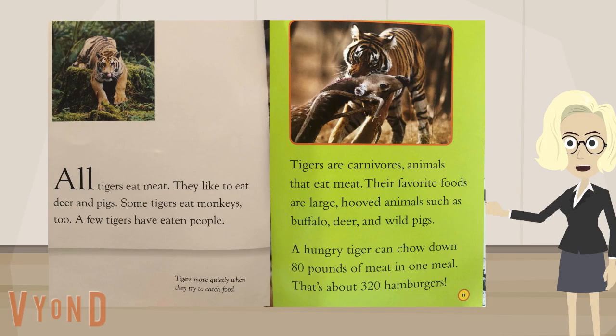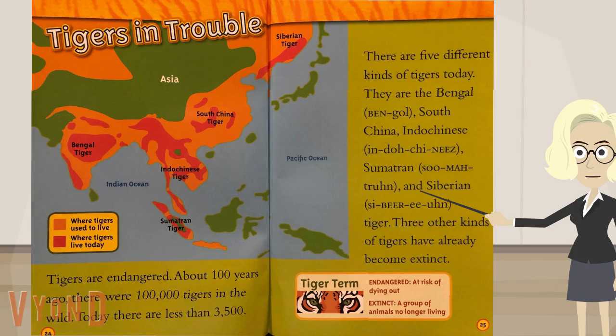If you think back to what we learned as we read through Laura Marsh's book about tigers, she spends a lot of time and puts a lot of attention talking about how to care for tigers and why tigers are in trouble. Laura Marsh has an entire section on tigers being in trouble and tigers being endangered. So we know that this is something that is important to her.